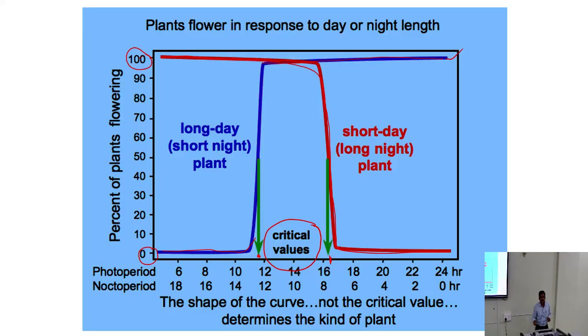You may ask how a plant has developed this critical day length. In the evolutionary process, it has picked up a certain day length. If it flowers when it attains critical day length or more, we classify it as a long day plant. If it flowers at less than its critical day length, we classify it as a short day plant.